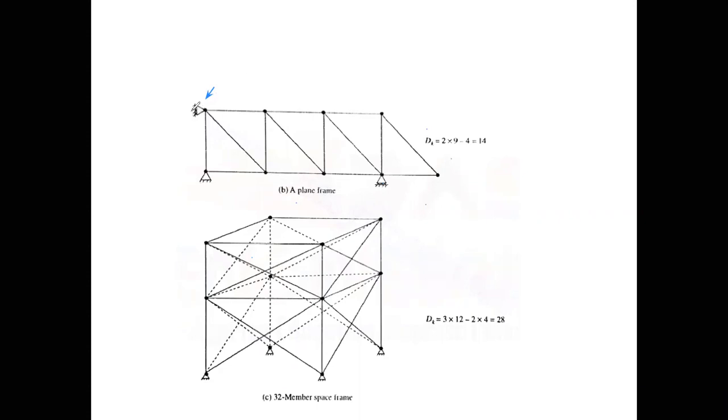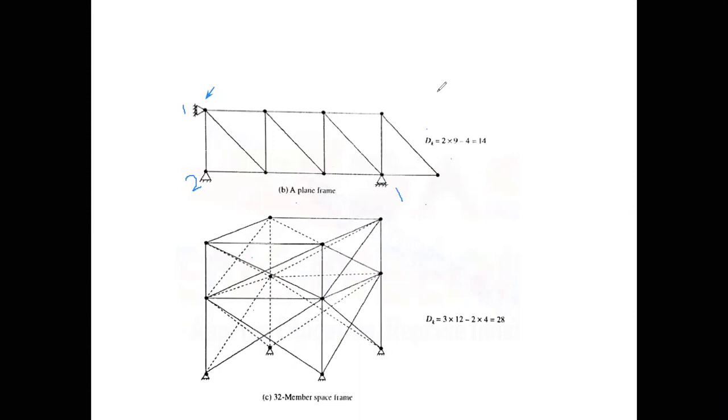In this case over here it is 1, over here it is 2, over here it is again 1. So the number of internal reactions in this case is 4. The number of joints over here is 1, 2, 3, 4, 5, 6, 7, 8, 9.